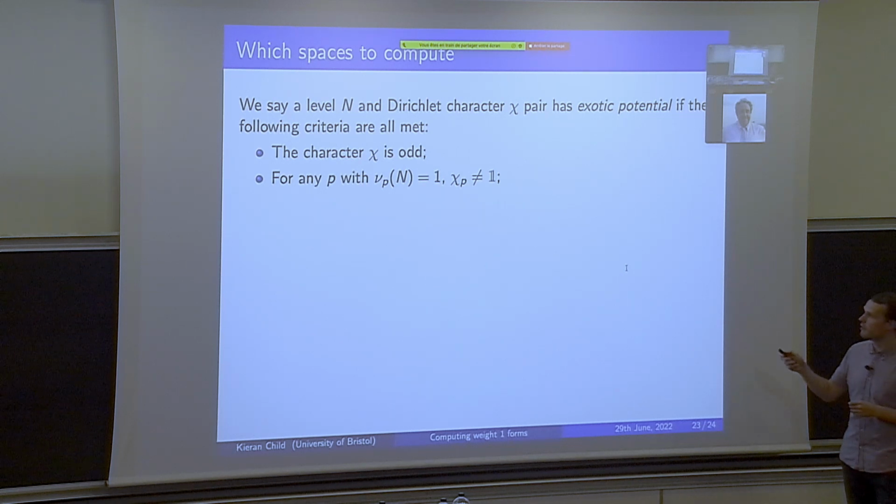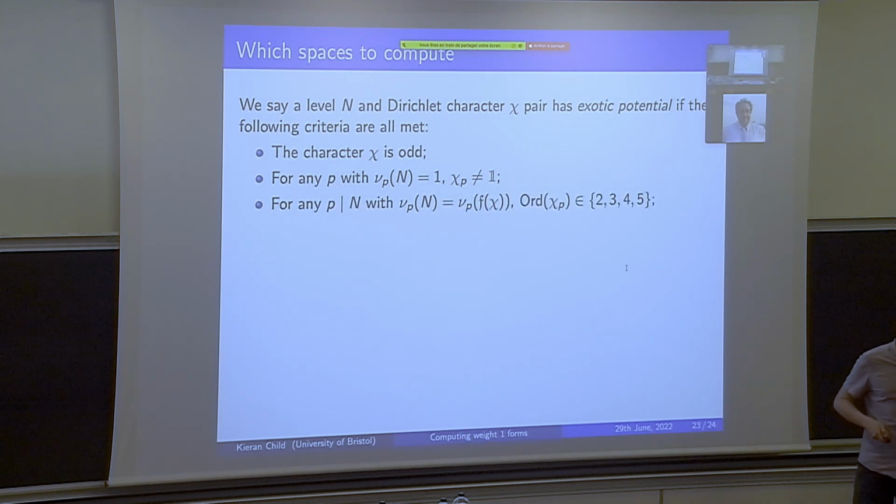So if the character was trivial, then that corollary from way back gets in the way and says no weight 1 forms here. So we need, in this case, the character not to be trivial. Also, whenever the character chi-p is primitive, then we want the order to be in 2, 3, 4, or 5.